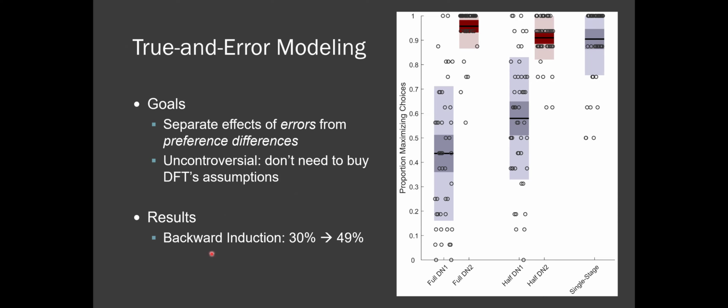What we find is that somewhere between 30 to 50% of people are best characterized as backward induction users, whereas the remaining people are best characterized as forward workers. The reason that there's a range here is that we allow for the possibility that people switch their strategy halfway through the experiment. So at the beginning of the experiment, about 30% of people are using backward induction, whereas by the end of the experiment, about half of people are using backward induction.